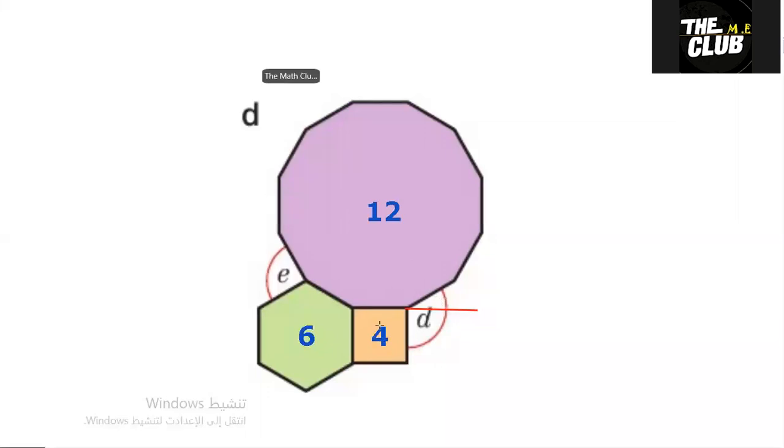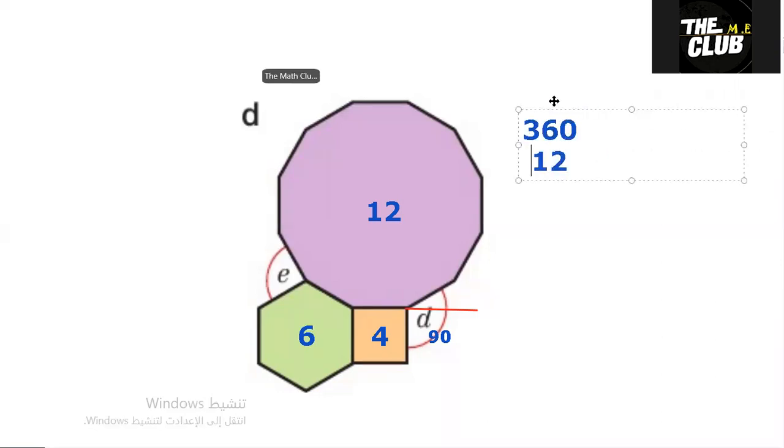First, we know that an exterior angle of a square is always 90. Now, we find the exterior angle of this shape, which has 12 sides. So I'm going to use 360 divided by 12.